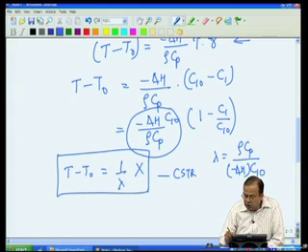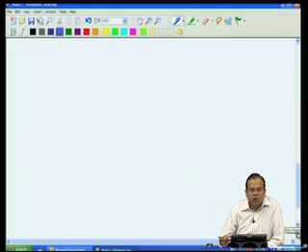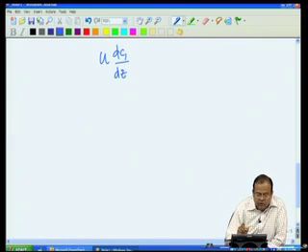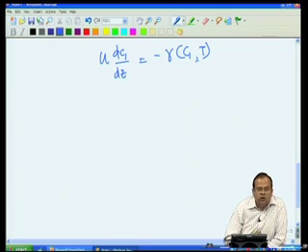Okay. Let us try to do the same thing for a plug flow reactor or a tubular reactor. Now, for the tubular reactor, same reaction, we have a mass balance equation which looks like U dC1 dz.